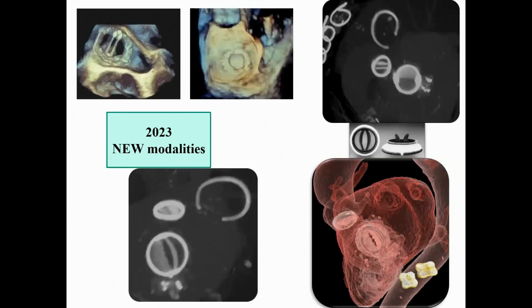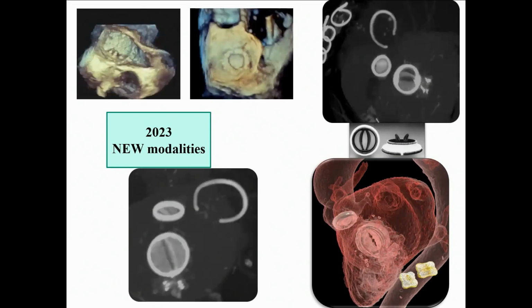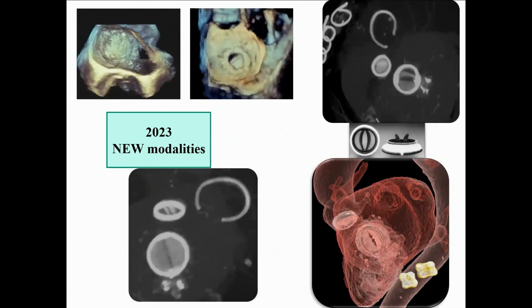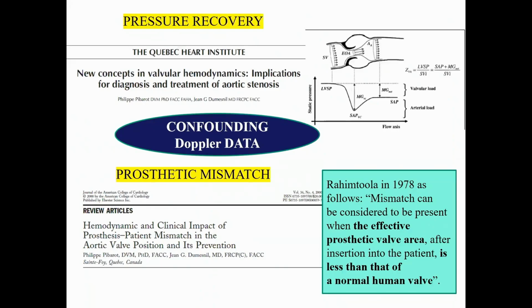Nowadays, we have a lot of other modalities, such as the CT, the 3D echo, and obviously the disc motion may be examined not only with the echo, but also with new techniques. Why is this so important? This is particularly important for the high prosthetic aortic gradients. We may have three main situations: the low size models, a very frequent phenomenon, the true prosthetic mismatch, or the obstruction due to pannus or thrombus.